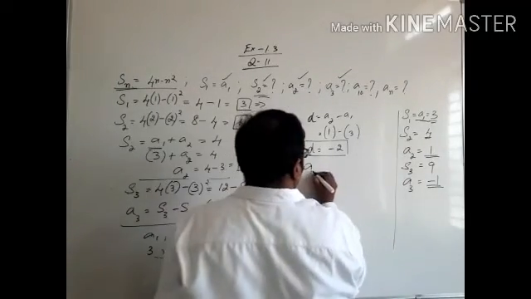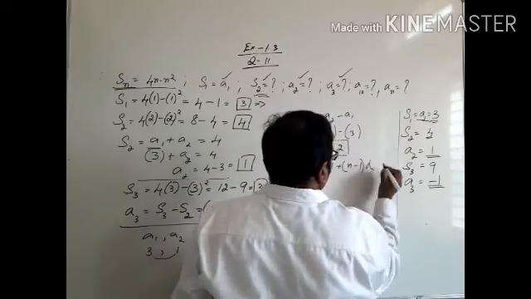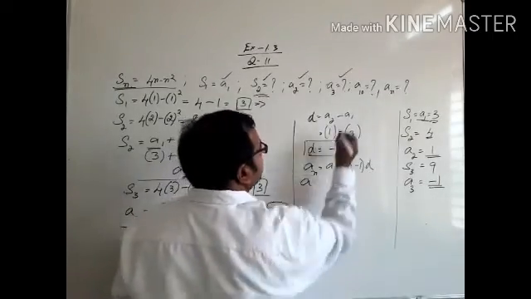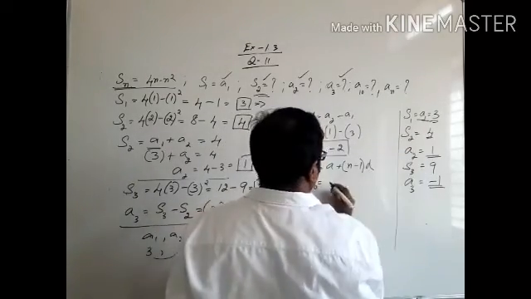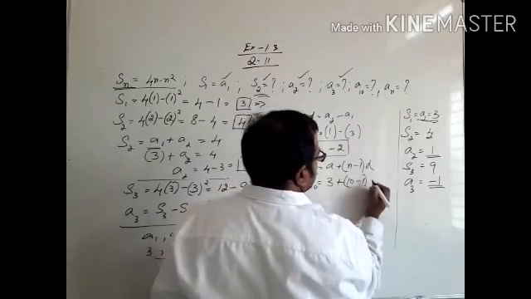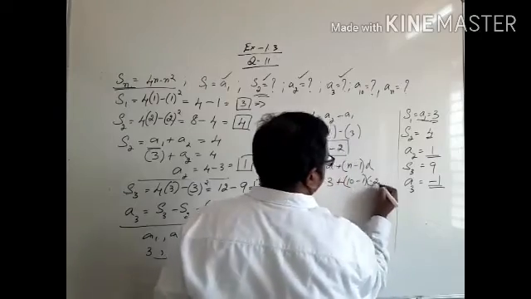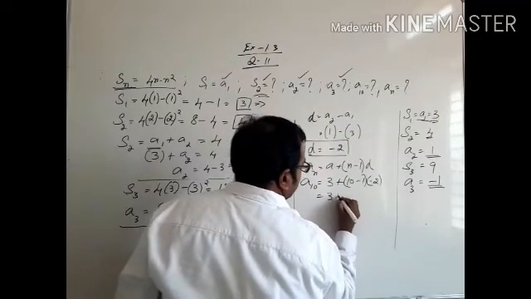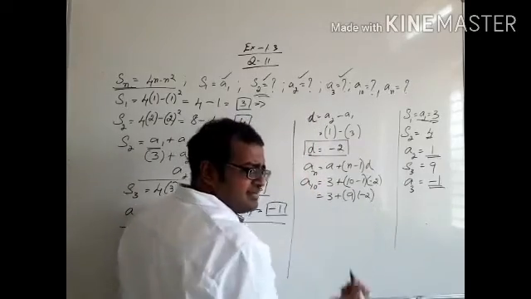For which I take the formula AN is equal to A plus N minus 1 into D. We want A10. A10 is equal to A, the first term, 3, plus N is 10, 10 minus 1 into D. D is minus 2. Simplify. 3 plus 9 into minus 2. 10 minus 1 is 9.